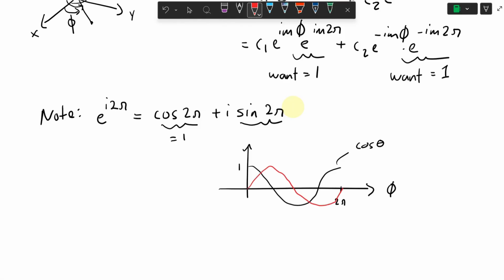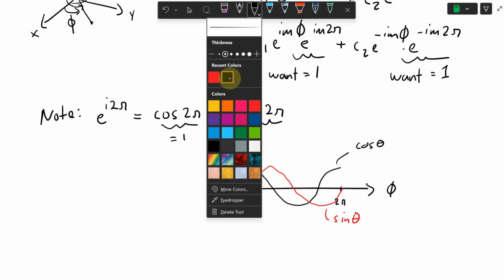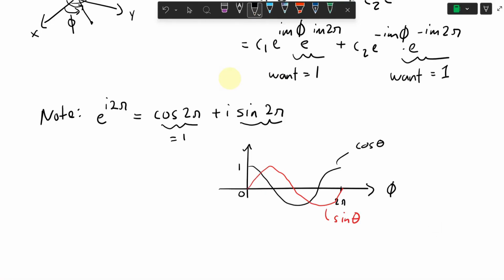This is sine theta. So sine 2 pi equals 0, and this whole thing equals 1.